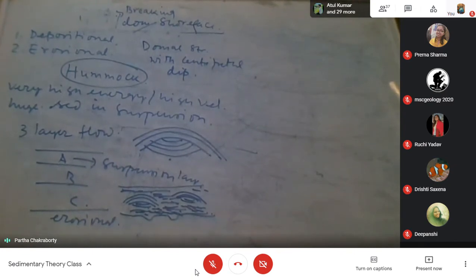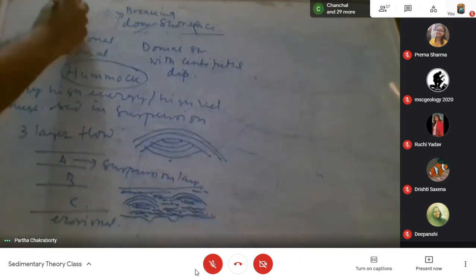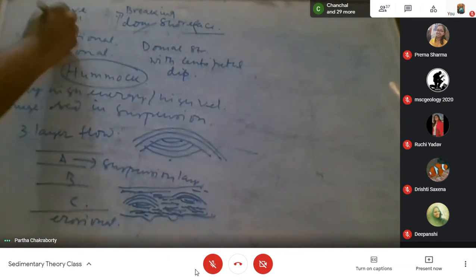Now these hummocks are also classified into active hummock and passive hummock.